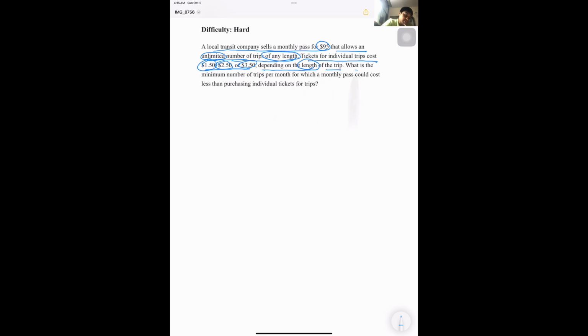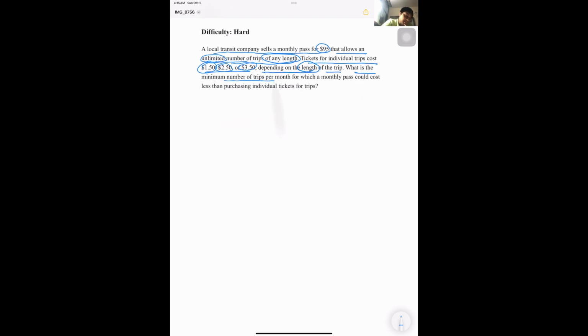What is the minimum number of trips for which a monthly pass could cost less than purchasing individual tickets for trips? For it to be minimum, it has to be the highest trip cost, which is $3.50.